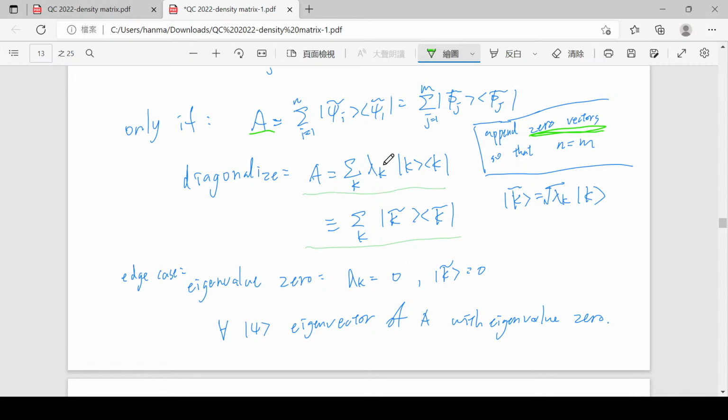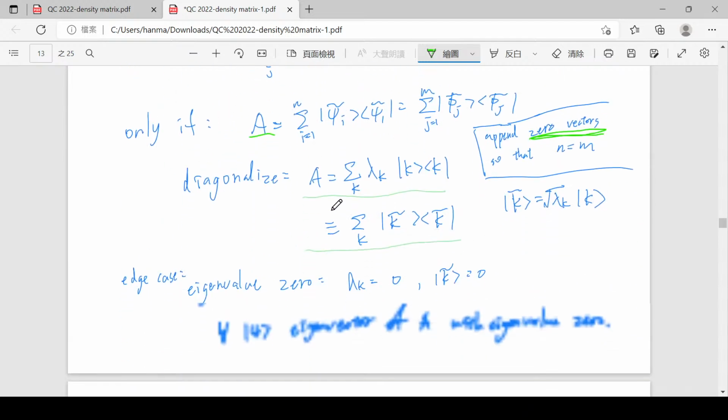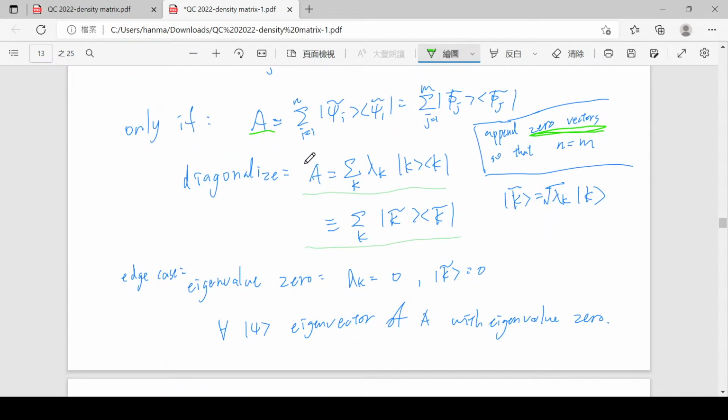So here are the eigenvalues and the eigenvectors of this density matrix A. We can do this because, remember, a density matrix is PSD, and PSD matrices are diagonalizable with positive real eigenvalues. Anyway, you diagonalize A, and you split up this lambda into square root of lambda, and write this in terms of k tilde and k tilde, so everything has a matching form.